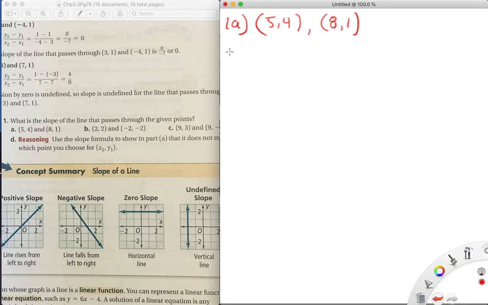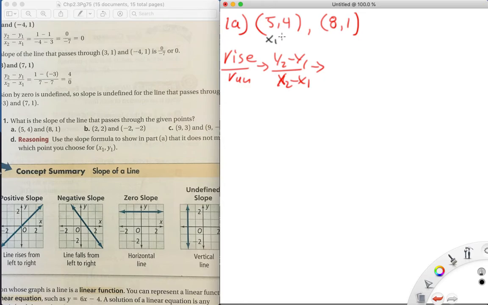So we're going to use the slope formula. Slope is rise over run, which is y2 minus y1 over x2 minus x1. It all depends on what you call your x2 and y2.